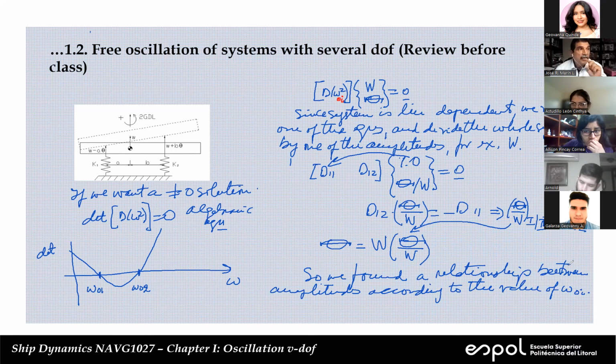In this case, there are two options. In your homework, it's going to be three options, 1, 2, and 3, so you have to calculate three relationships. Now, do you remember how we call this relation between amplitudes? Anybody?